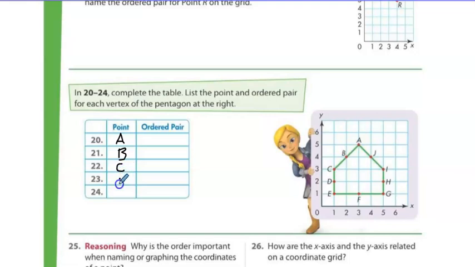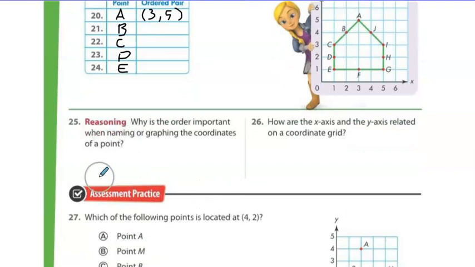So if you wanted to do just straight in order, A, B, C, D, E, you can, but you're basically just picking whichever ones you want. So basically A, you would say it's hovering above 3 on the x-axis and straight across from 5 on the y-axis. So your ordered pair would be 3, 5. But again, you can pick any 5 that you want out of A through J.